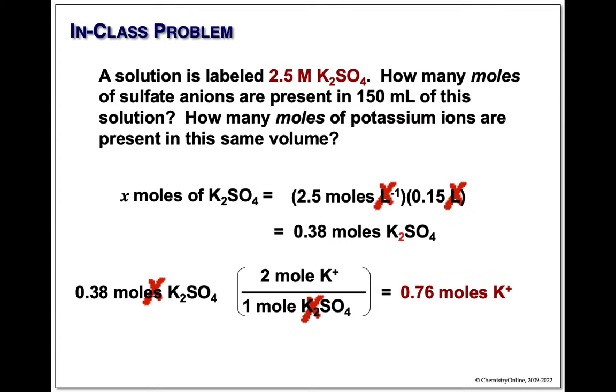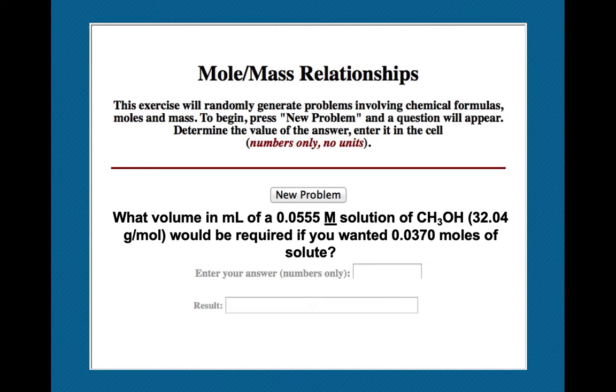Well, the second tutorial in this chapter is mole mass relationships. It's a little more complicated than a table. You will switch between liters and milliliters, and I don't know, grams and milligrams, I think, also show up. We're looking for a volume. We have a concentration. We want 0.037 moles. So we're looking for a volume.